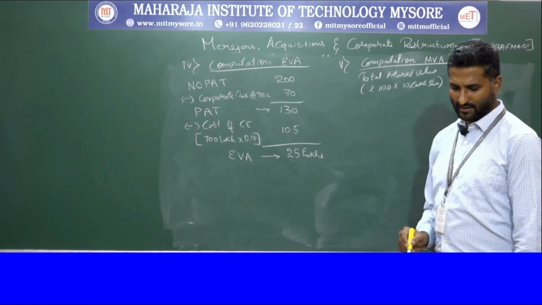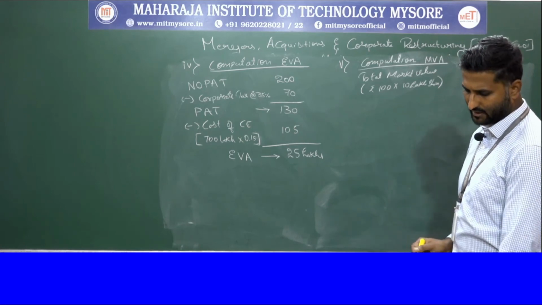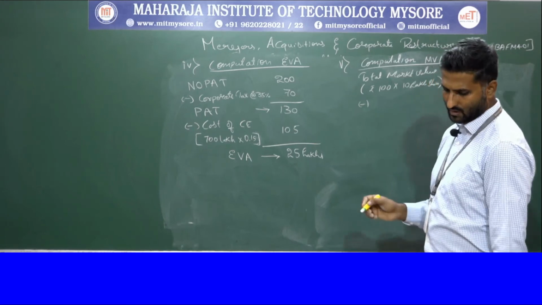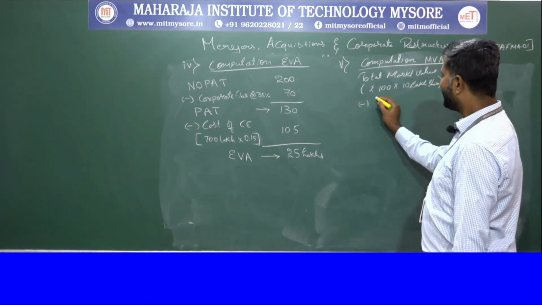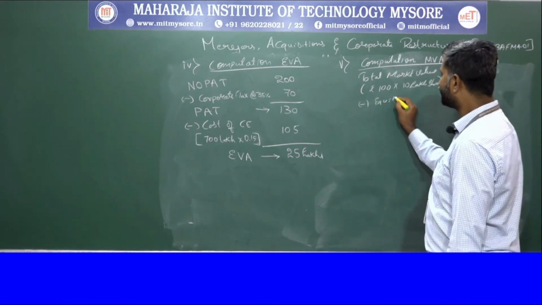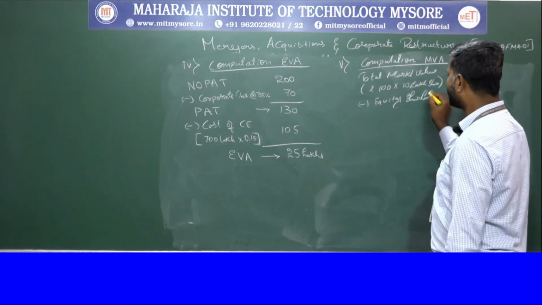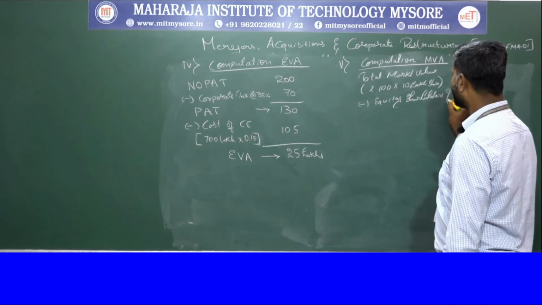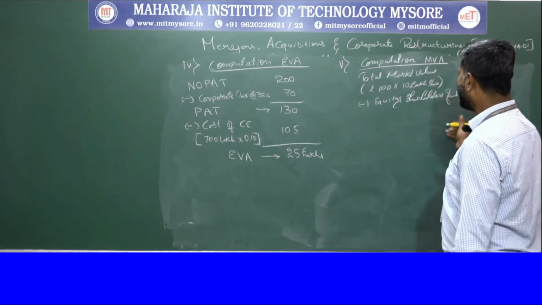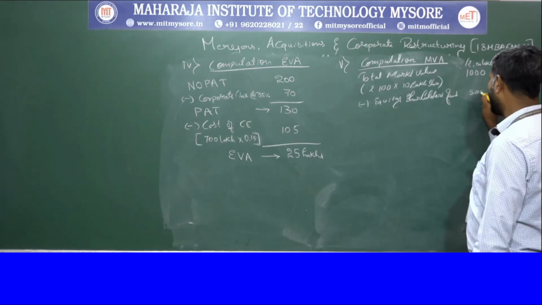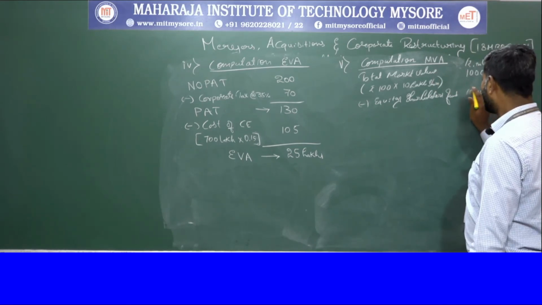So from that 1000 lakhs we are going to deduct the equity shareholders funds. Out of this, the equity shareholders fund is 500 lakhs.